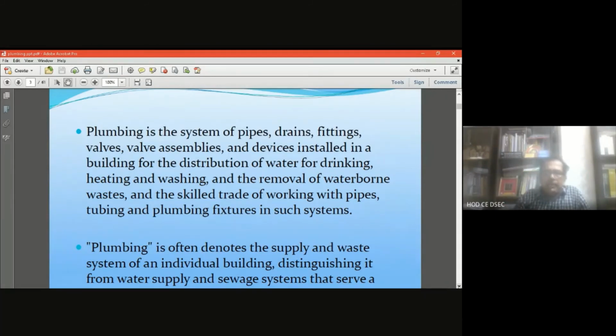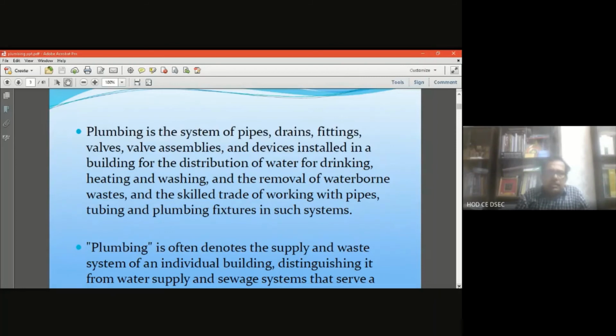We have also seen how the vent pipe is provided along with the main soil pipe, or the main sewage pipe, or a combined pipe, how the vent pipe is connected, and what the role of the vent pipe is.